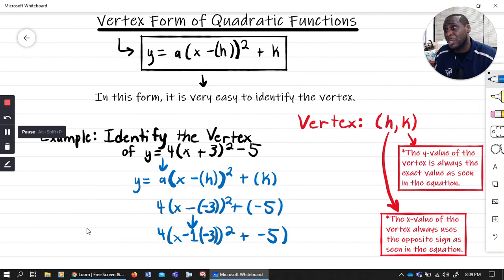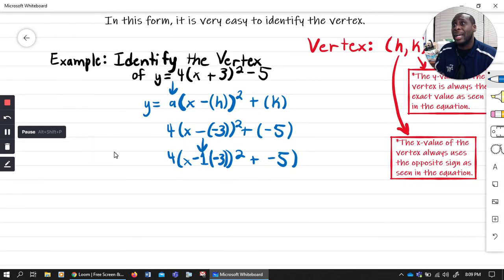I could be wrong, but I think it's pretty self-explanatory that you're using the opposite sign of what was written in the equation.